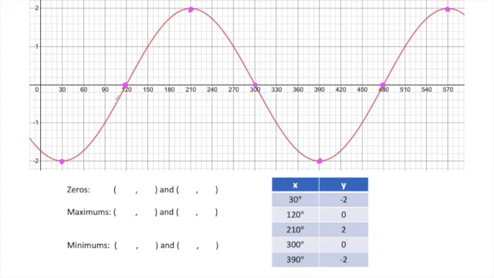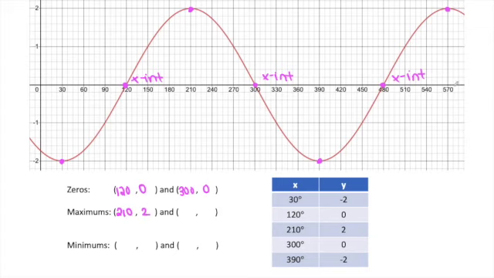Okay, so your zeros, you have 3 to choose from, so let's go 120 and 0 is 1, and then 300 and 0 is another one. It doesn't really matter. You can also, if you want, put this 480 and 0 as well. It's up to you. Maximum is going to be 210 and 2.